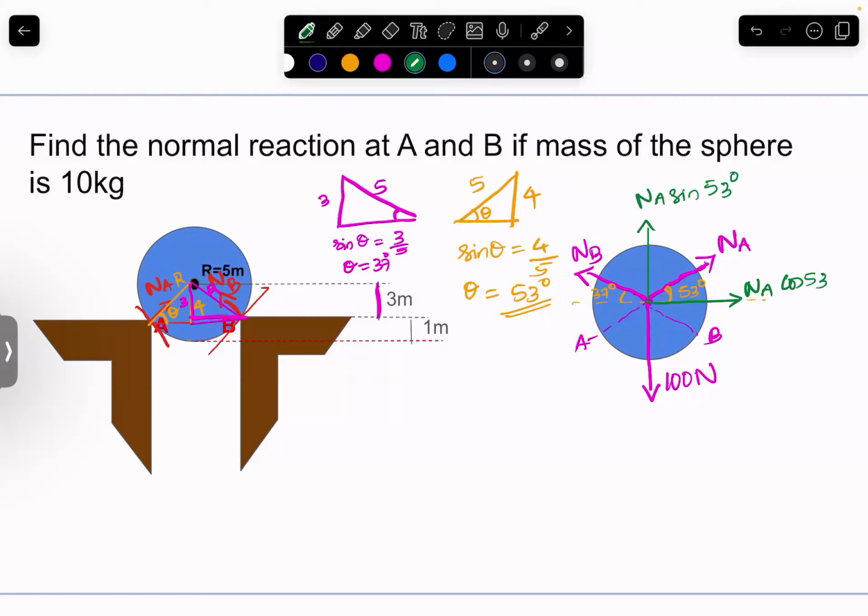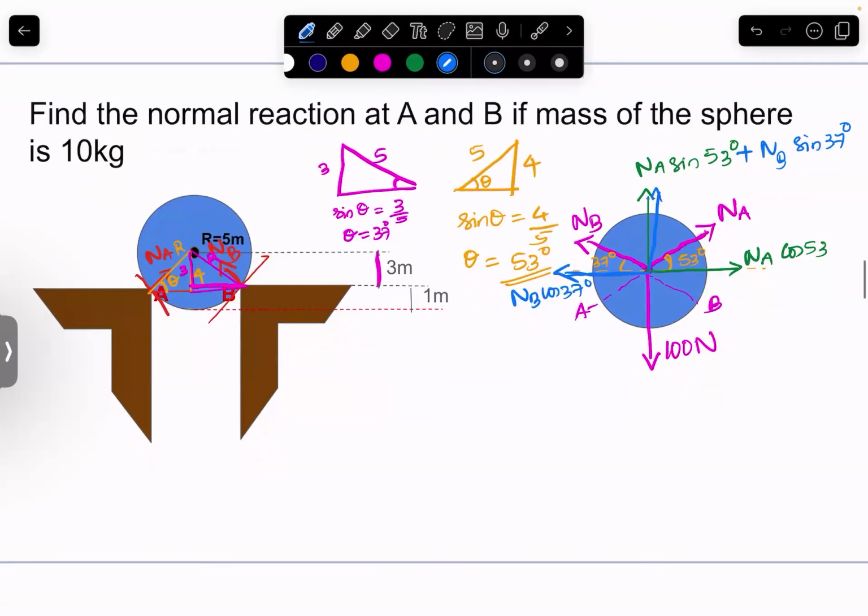And for NB, how will it come? It will be like this, and along this vertical again. So that is NB sine 37 and NB cos 37.